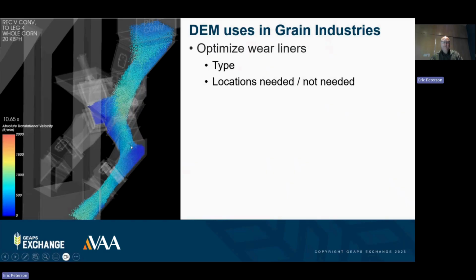And you can optimize lining by only lining the areas that actually need it. And you can also look at areas that are getting impacted much more than others and do a custom liner there, maybe a more exotic liner like a chromium carbide overlay versus a UHMW or a ceramic or something like that.